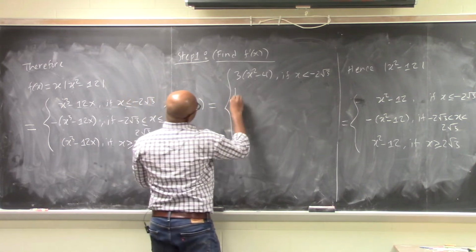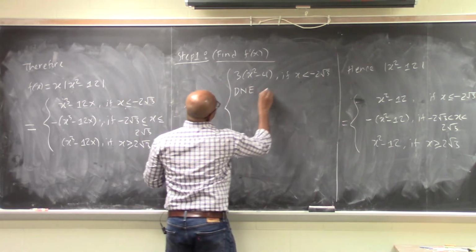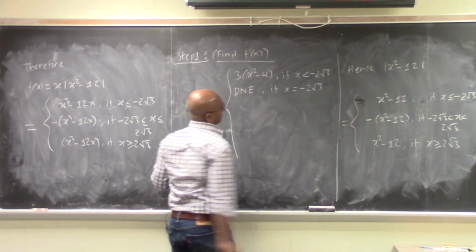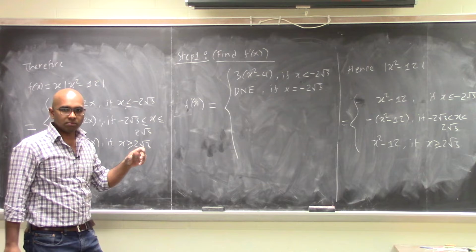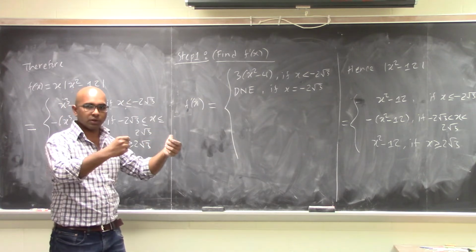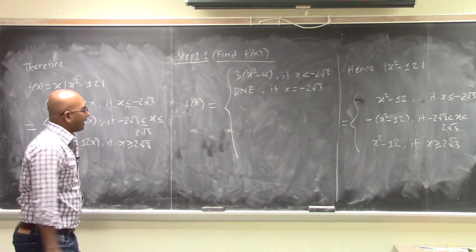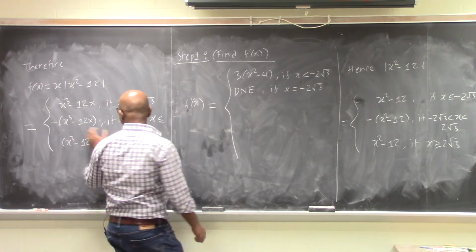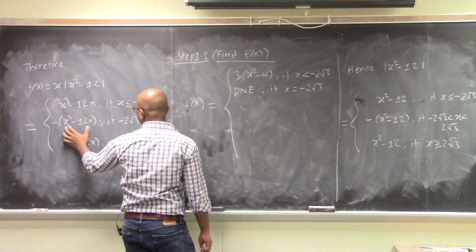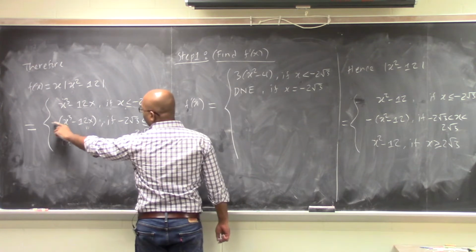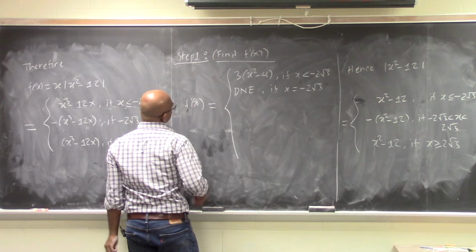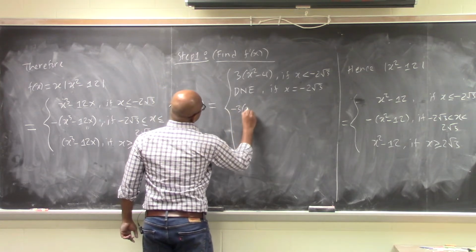So d n e if x equals negative 2 root 3, okay? This is one of the corner points. All right, and then from negative 2 root 3 to positive 2 root 3, this is given by the derivative of this function. Again, this is negative times 3x squared minus 12, so you can factor out that 3, so this is negative 3 times x squared minus 4.